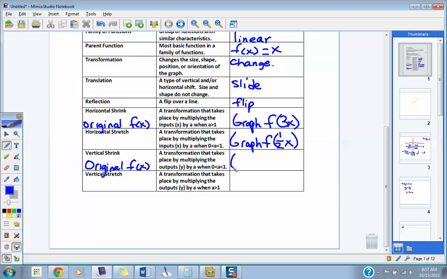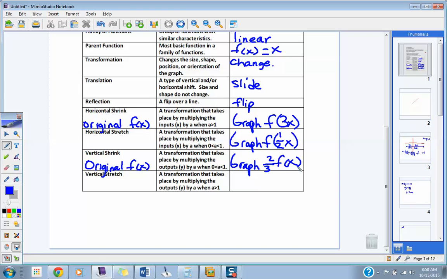They might say graph, maybe 2/3. Is 2/3 a fraction between 0 and 1, gang? 2/3 times f of x. This time that a value is no longer inside of parentheses with the inputs, but rather it's on the outside to change the outputs.